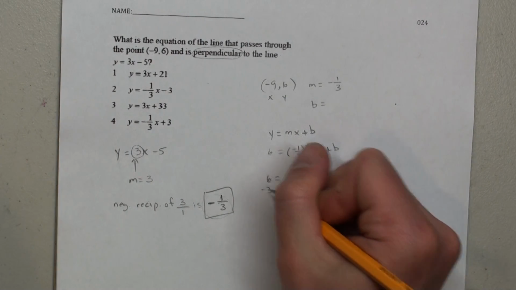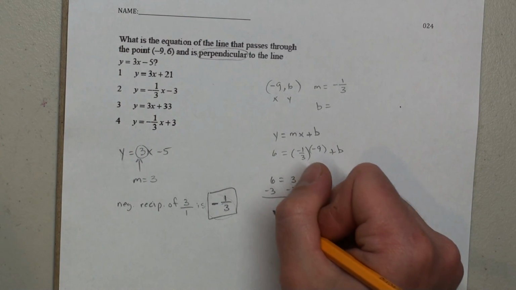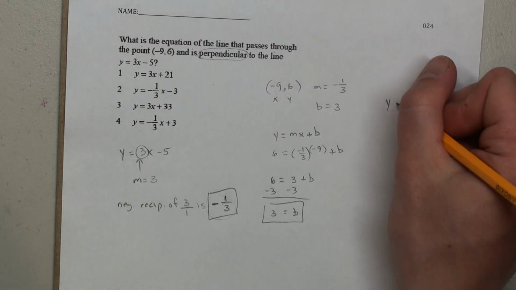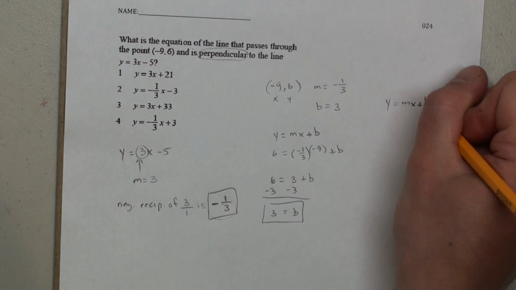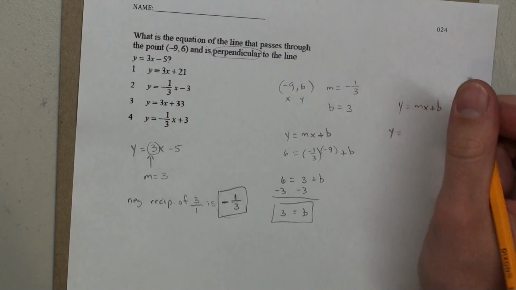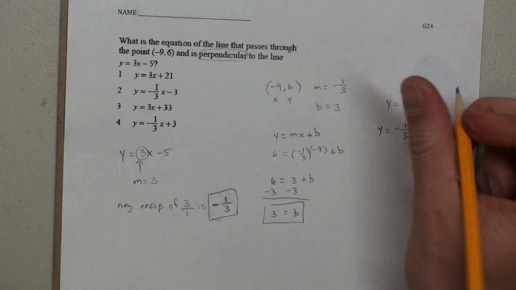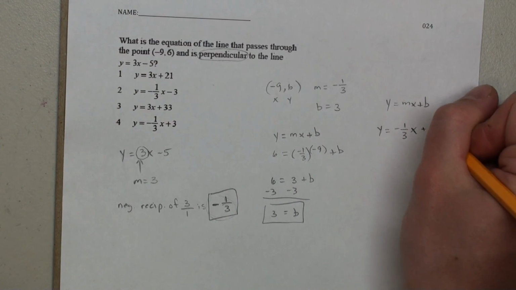Subtract 3, subtract 3. b is 3. Now I have everything that I need to write the equation of my perpendicular line. I have my slope, which is negative 1/3, and I have my b, which is 3.